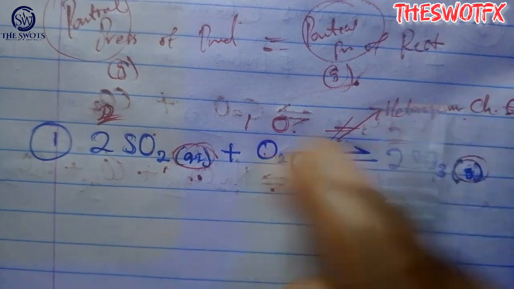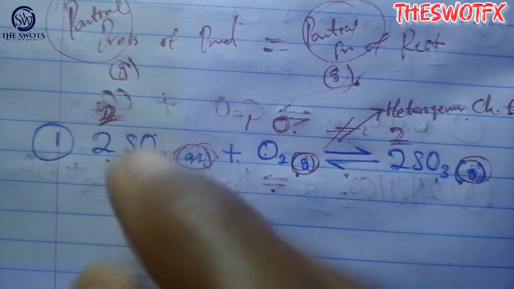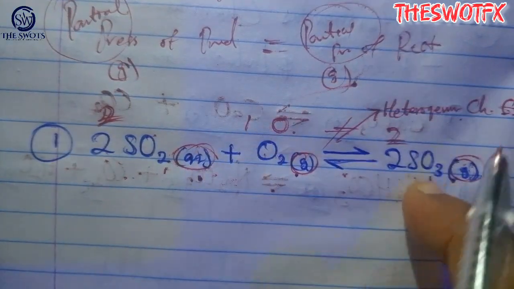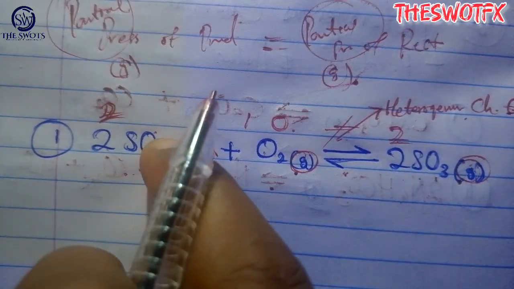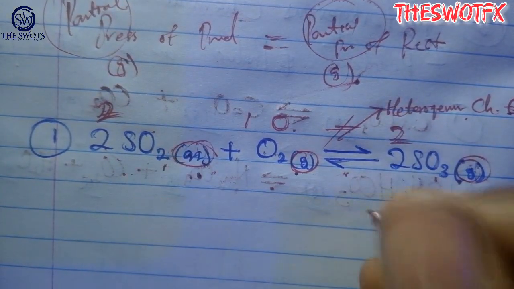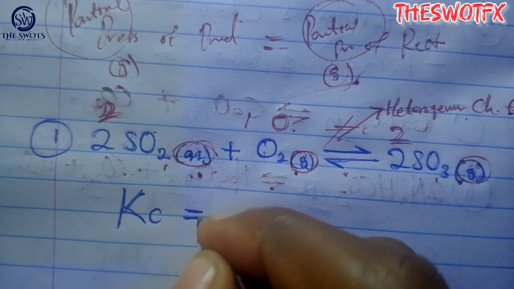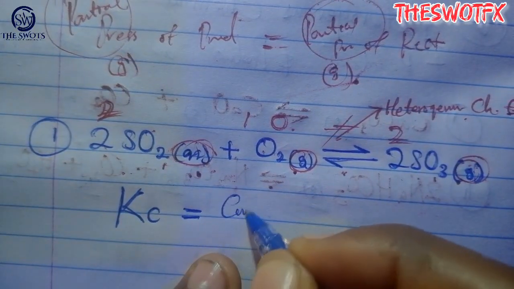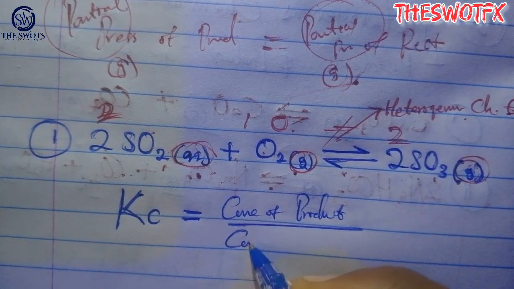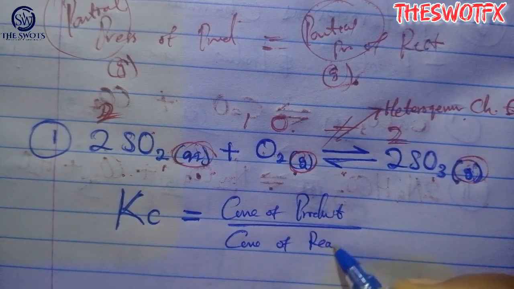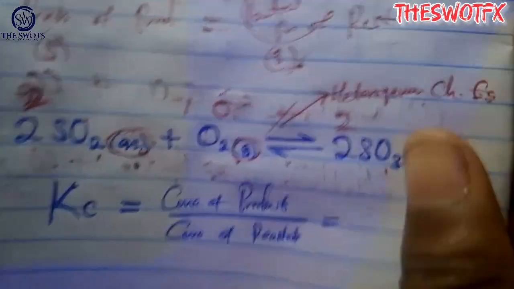Let's proceed. For us to write the equilibrium constant for this reaction in concentration constant, Kc is equal to the concentration of our products over the concentration of our reactants. How do we represent this?